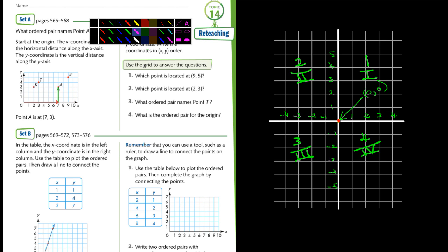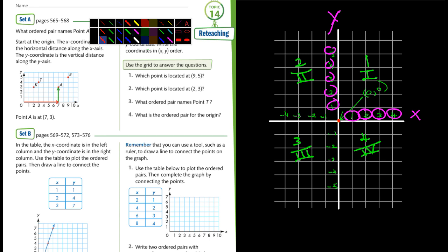Right now, if we're just talking about quadrant 1, this is 1, this is 2, this is 3, this is 4. That's the x coordinate, x-axis. And here's the y-axis, 1, 2, 3, 4, 5, and so forth. But when we start dealing with quadrants 2, 3, and 4, we start dealing with negative numbers.